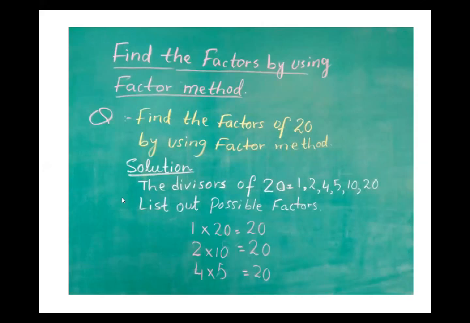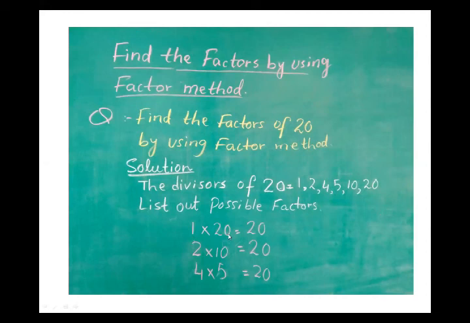Here is the factor method. Here we find the factors by using the factor method. In the factor method, you just find the divisors of that number, list out the divisors, and then by using these divisors you find the possible factors. You see that the numbers 1 and 20 already exist in the divisors of 20.